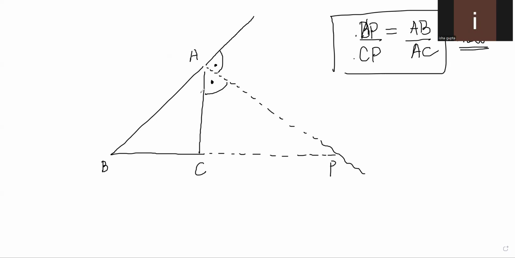Okay, 1 second. If this angle is something x, then this is 180 minus x. So this is 90 minus x by 2. This is 90 minus x by 2, right?